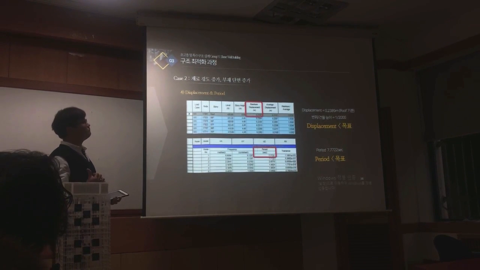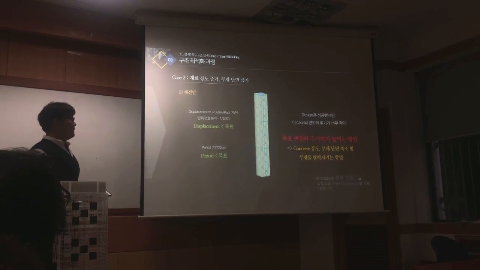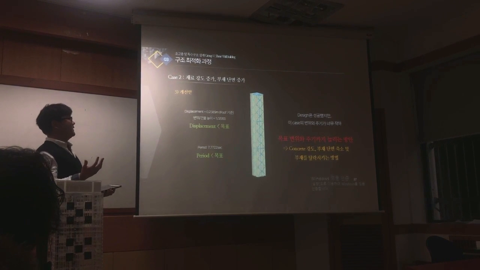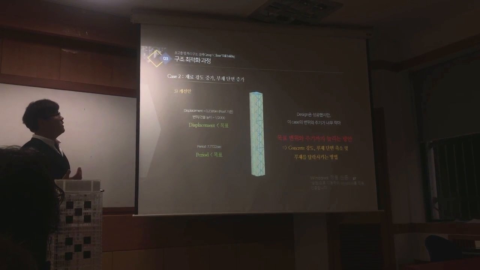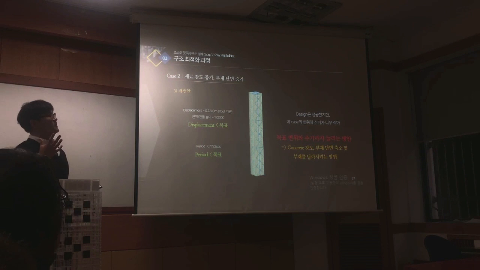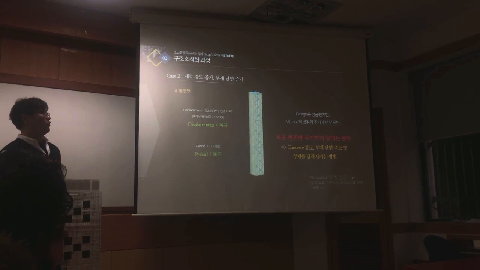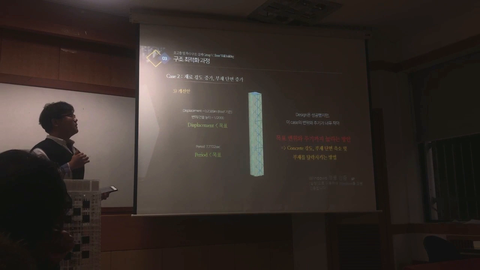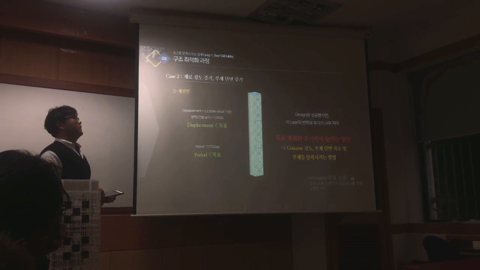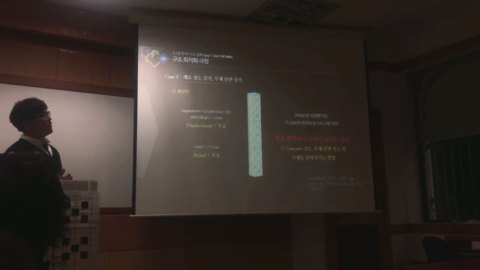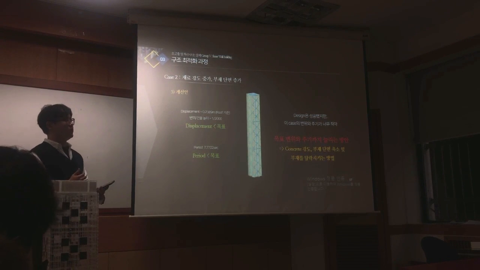So the improvement is that we have to increase the displacement and period until it reaches our goal. We succeeded in designing, but in this case, its period and displacement were way too small.